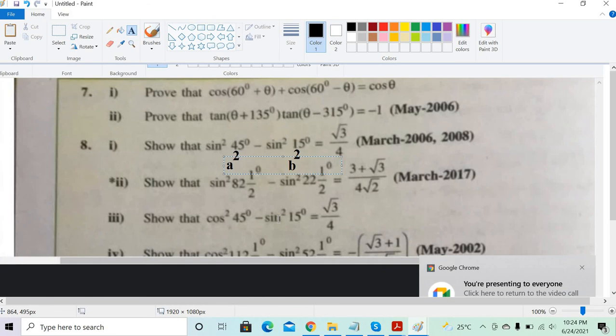So sine 65 into root 3 by 2. Sine 65 is what? 45 plus 20, no. 80 minus 15, no. Wait, 65, how will you get it?